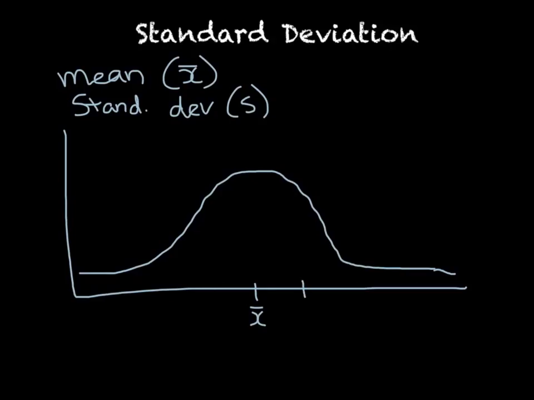So a point here would be the mean plus the standard deviation, and a point on the opposite side would be the mean minus the standard deviation. We can go out further to the sides so that we're at the mean plus 2 times the standard deviation and 3 times the standard deviation. We can do the same on the opposite side.